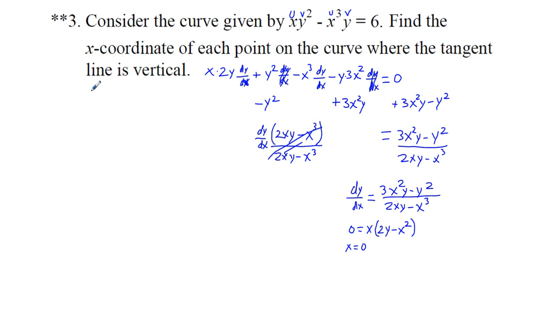So we'll have the x-coordinate x equals 0. We know that's one of our answers. And the next thing we're going to have to do is say also 2y minus x squared is going to be equal to 0.